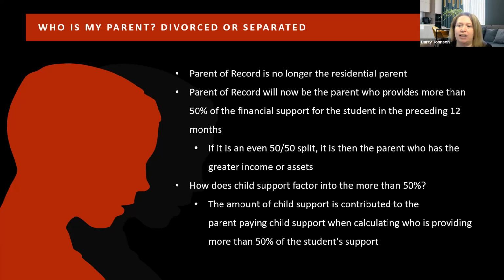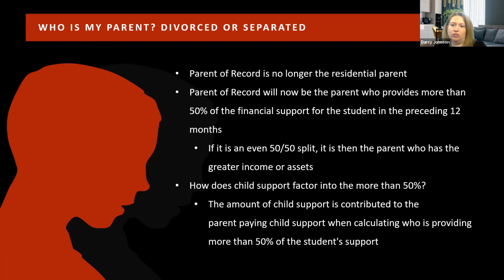And how does child support factor into who's providing more than 50% of the support for the student? So the amount of child support that is paid counts toward the 50%. You need to give credit for the child support to the parent paying the child support when calculating who's providing more than 50% of that student's support. So let's say that my husband and I are divorced and we have done the math and I have provided $20,000 for the kid over the last year, as has he, but part of the $20,000 that I provided was actually child support that he had paid to me.